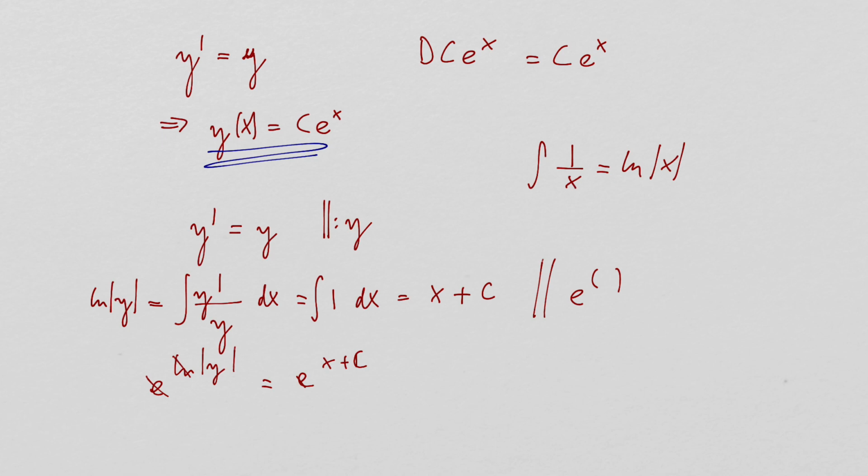E and ln cancel out. Here we can use some formula of the exponentials. Now, this constant here is always positive, but now that we have the absolute value of y here, let's forget about the absolute value and say that this constant here can be anything. It can be some capital A. Okay, we got the same solution.